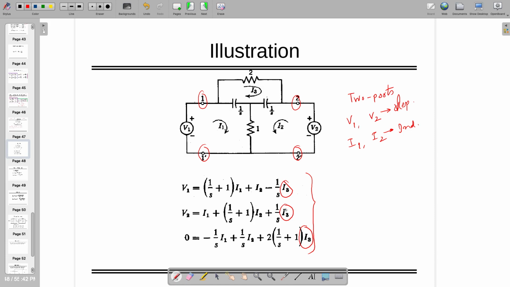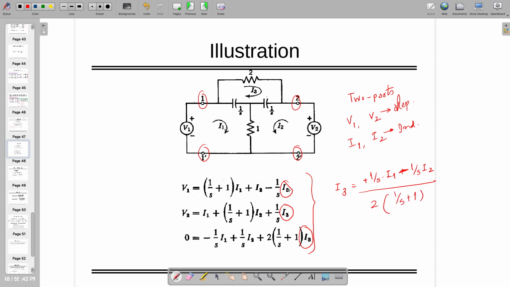You have to replace I3 with I1 and I2. So you can write one equation: I3 is equal to minus 1 by S times I1, plus minus 1 by S I2, divided by 2 1 by S plus 1.